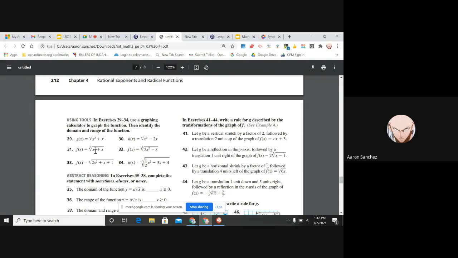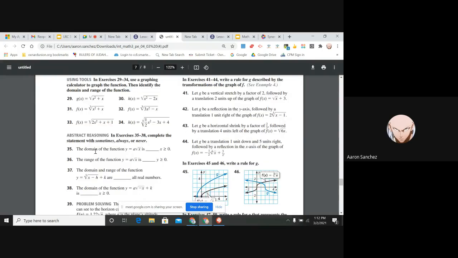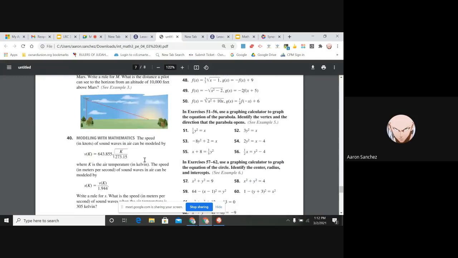Let's see, 51 through 61. Oh, this one's using a graphing calculator to graph the equation of the parabola, identify the vertex and the direction the parabola opens. Okay, I'll do that one then. I think that'll be good enough. Let's look at it in Desmos.